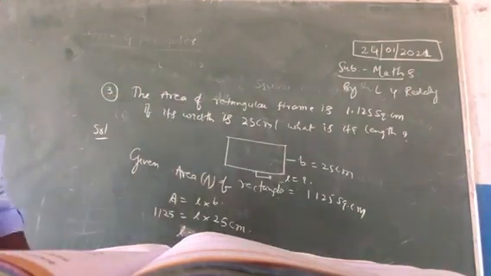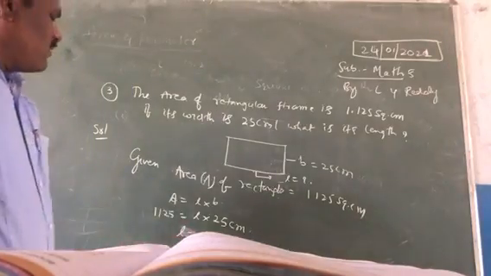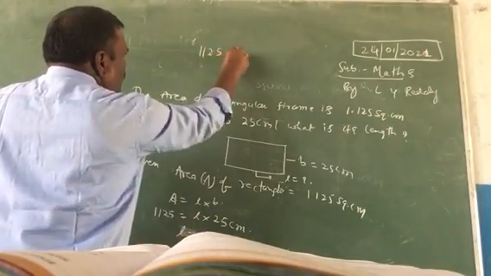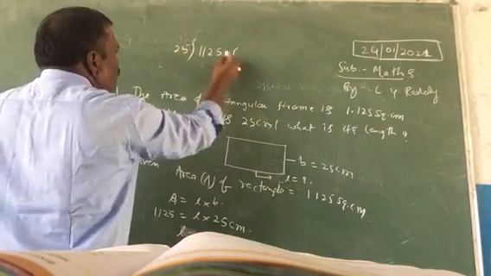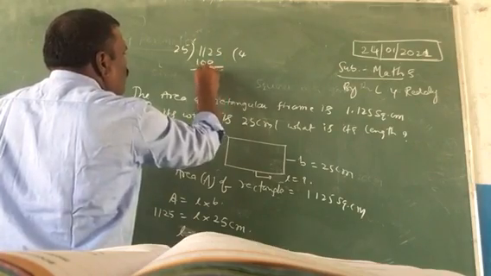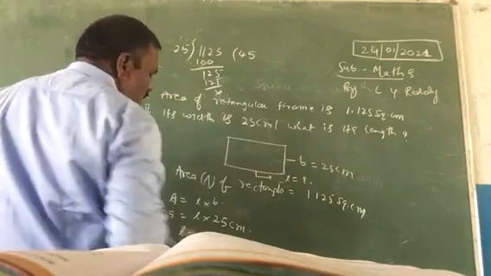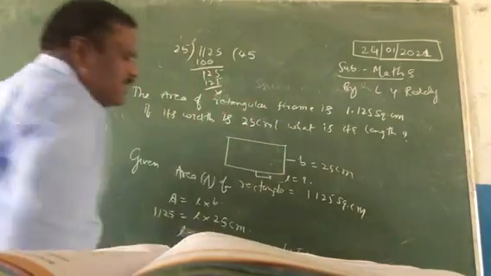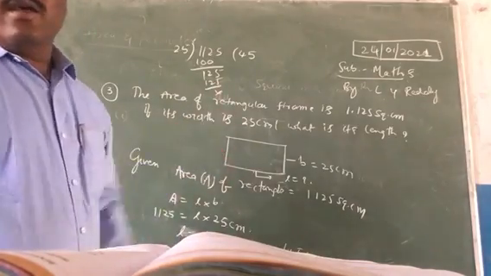Then you find out, children, what answer you get. 1125 divided by 25: 25 into 4 is 100, and 25 into 5 is 125. So the answer is 45 centimeters. 45 centimeters is the length of the rectangular frame.